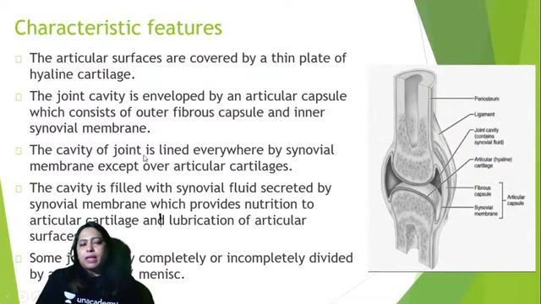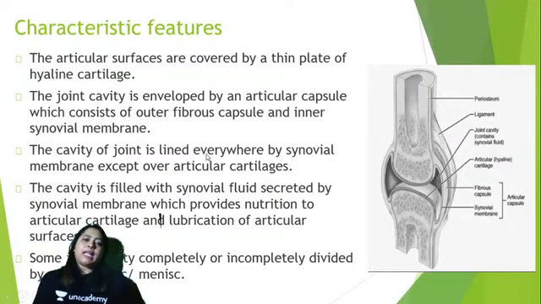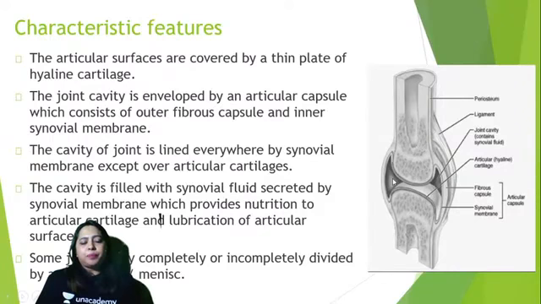Now here the cavity of the joint is lined everywhere, except the places where the articular cartilage is present. The synovial membrane is all over the place except at the ends of the bone, which are covered by articular cartilage. That is one important thing to remember. And this joint cavity is filled with synovial fluid, which provides nutrition to the joint for smooth mobility, and it also lubricates the articular surfaces.